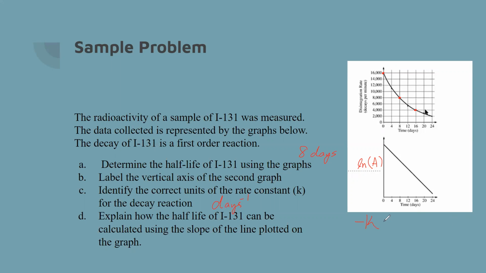It's telling you it's a first order reaction because you're seeing that straight line. So we can use any particular data point here, plug it into the first order integrated rate law and solve for our constant, and then plug that constant into the half-life equation to get our half-life.